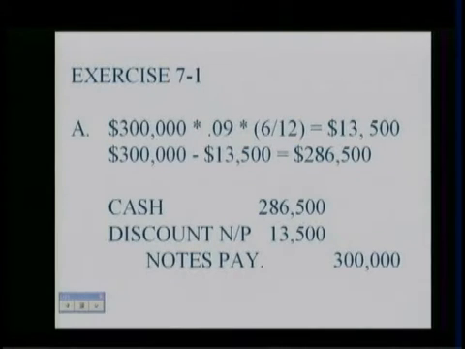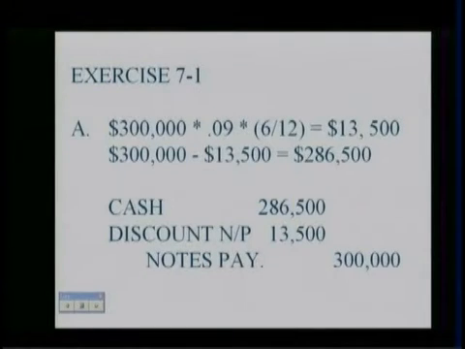Well, the first thing you're going to do is calculate the interest on the $300,000. That goes back to our I equals PRT formula. Interest equals the principal times the rate times the amount of time. The principal is $300,000. The rate is 9%. And this is a 6-month loan, so 6 months is 6 months out of 12 months in a year. So the total amount there is $13,500.